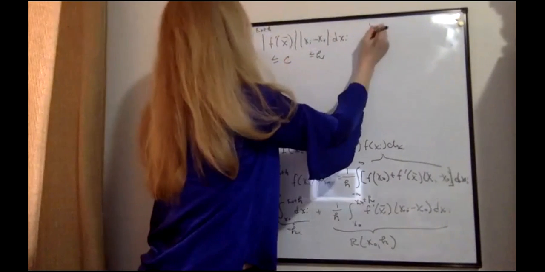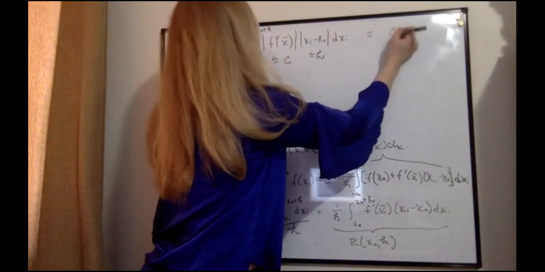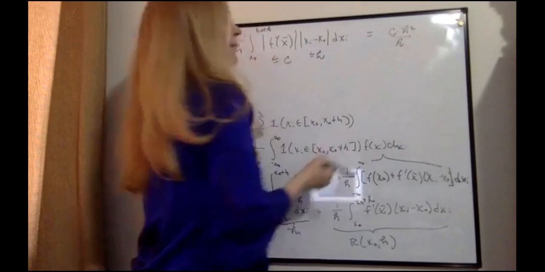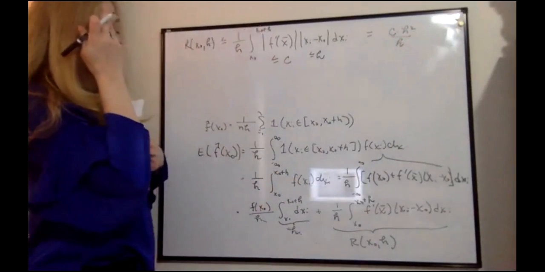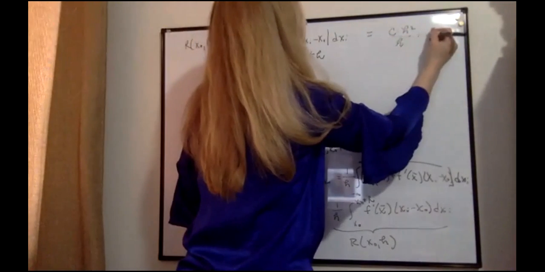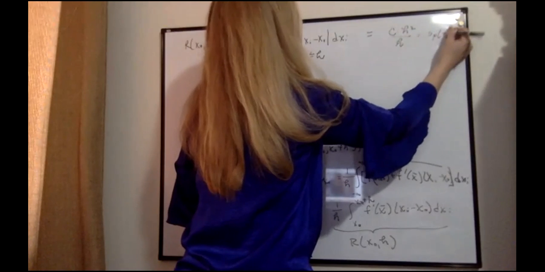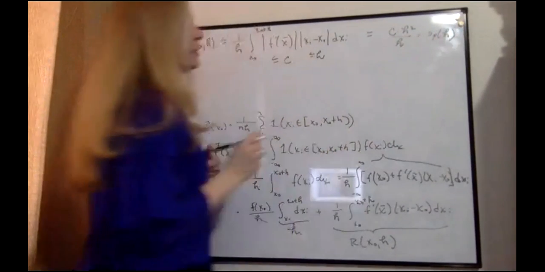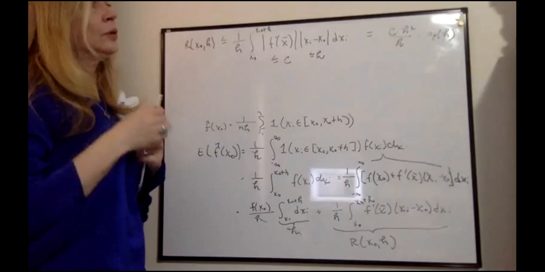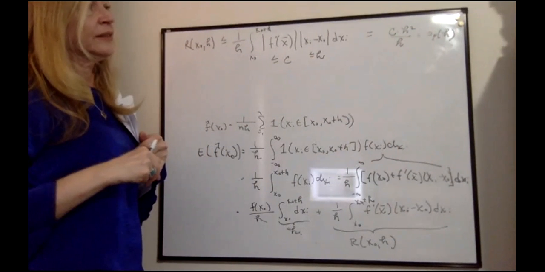So the overall thing is less than or equal to c times h squared divided by h. In the notation that I had last time, we would say this is little o of h, actually. This goes to 0 as h goes to 0.